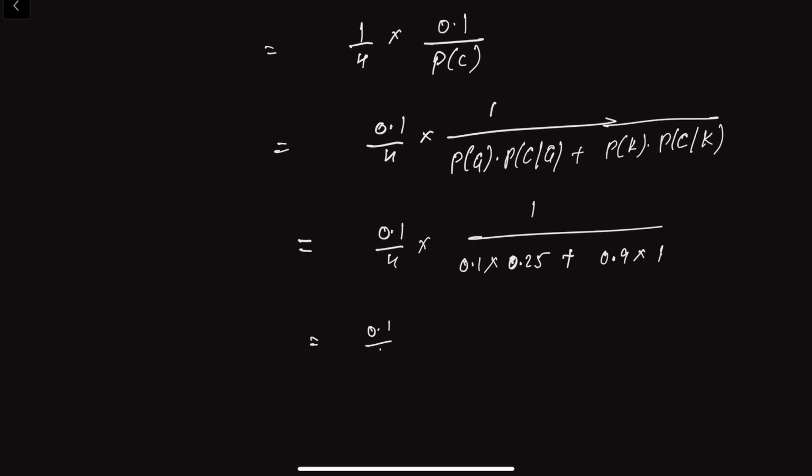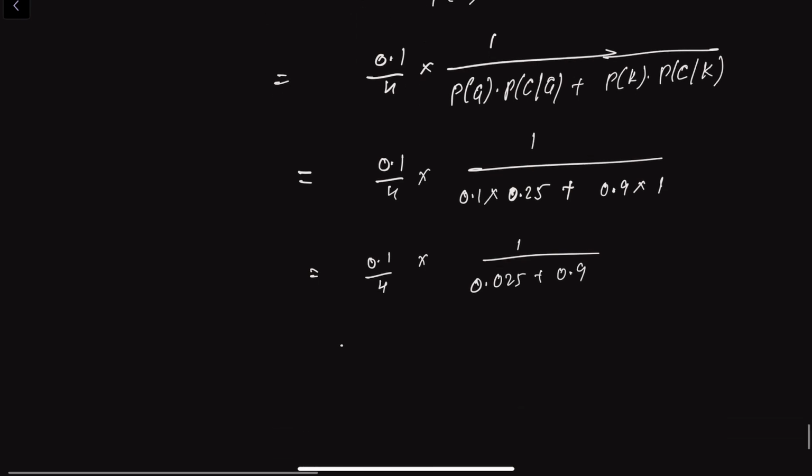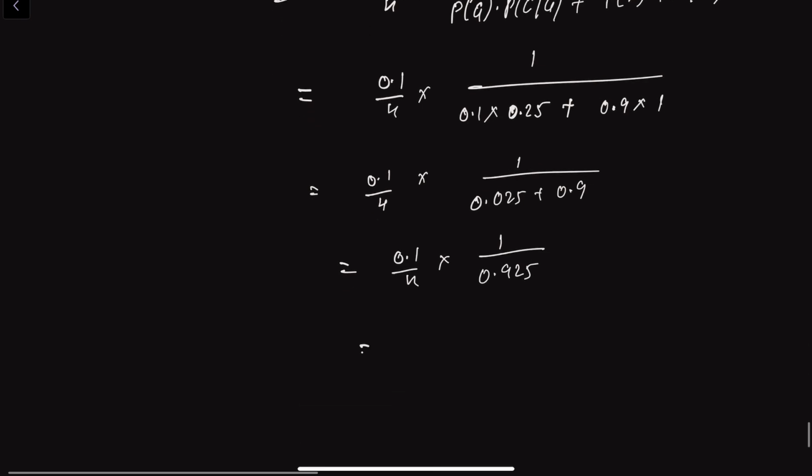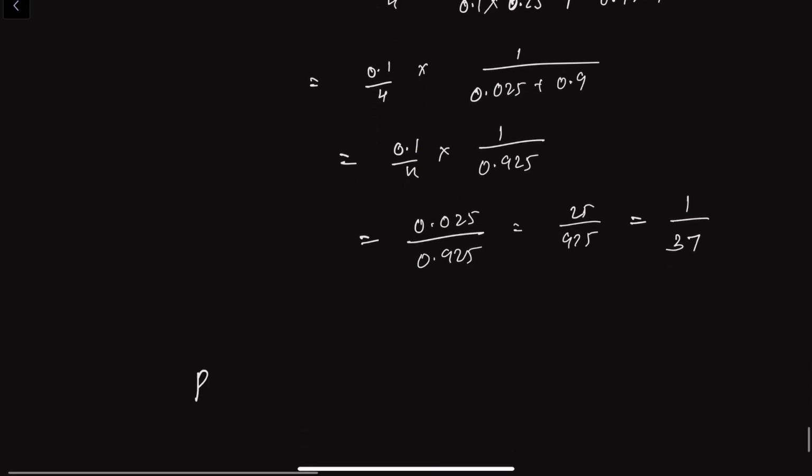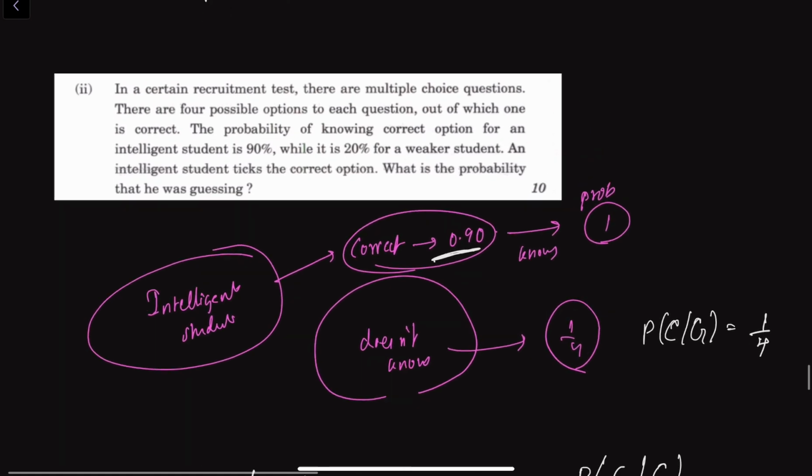Therefore it is 0.025 divided by 0.925, which is 25 by 925, which equals 1 by 37. So the probability that he is guessing given the answer is correct is 1 by 37. The answer for this question would be 1 by 37.